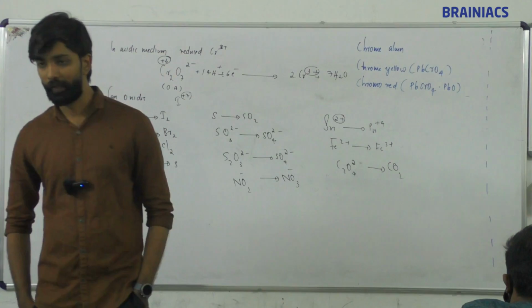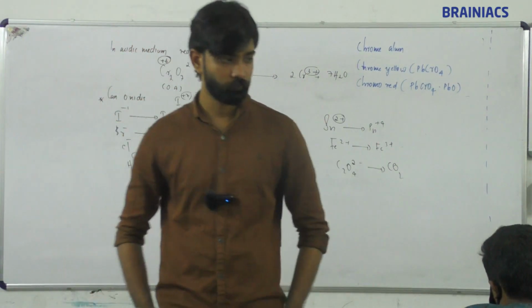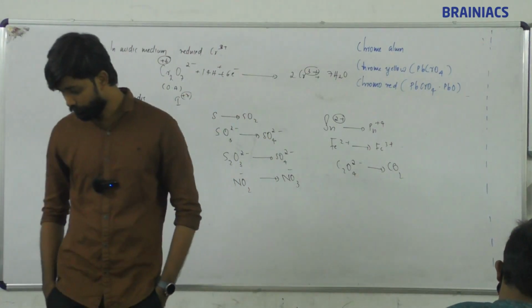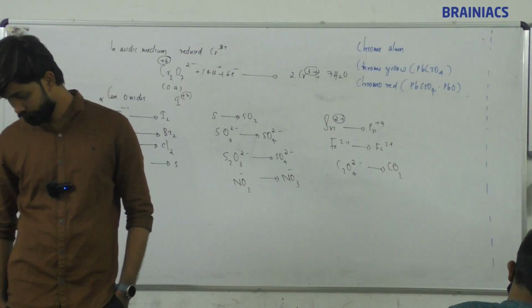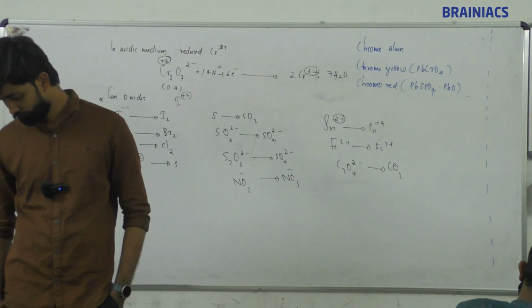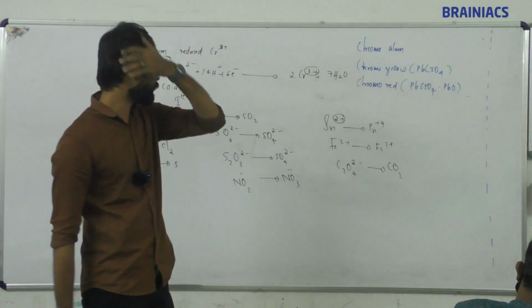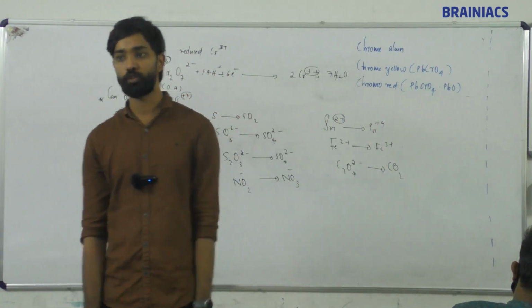Potassium permanganate, KMnO4, the next compound. Here the ore is not chromite.